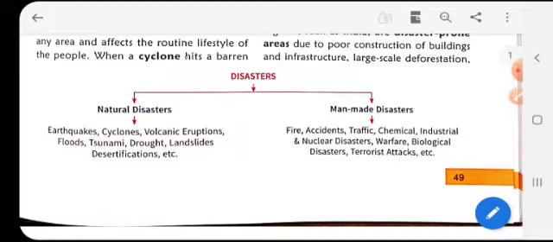Natural disasters include earthquakes, cyclones, volcanic eruptions, floods, tsunami, drought, landslides, desertification, etc. And man-made disasters can be fire, accidents, traffic, chemical, industrial, and nuclear disasters, warfare, biological disasters, terrorist attacks. These are the big damages that cause a lot of loss of life and property.